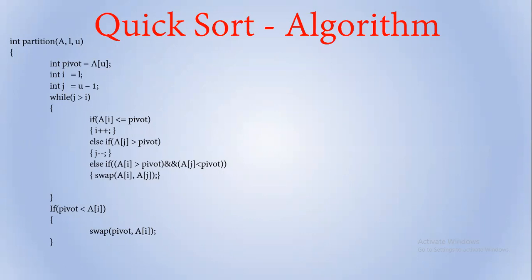We put the values less than or equal to the pivot value towards the left side of the array, or in other words, towards lower indices of the array A. And we try to put values greater than the pivot value towards the right side of the pivot value.